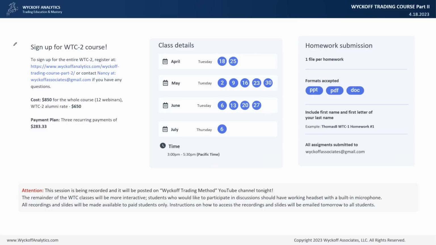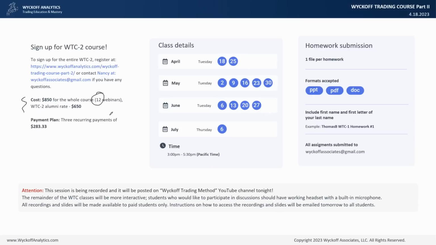And you're going to have quite a lot of homework between the bias game, anatomy of the trade, and then any additional, optional homework that I'm going to give you, whether it's just a read of an article or maybe some additional chart work. The cost is less just because we have 12 sessions instead of 15.